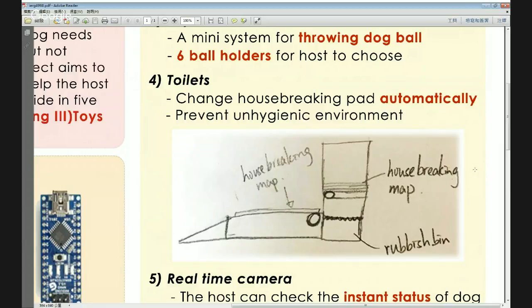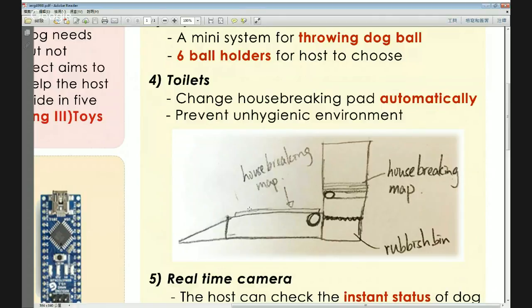The second module contains 2 wheels. The 2 wheels will rotate in clockwise and anti-clockwise directions. The upper wheels pull out a fresh housebreaking pad, which drops to the holder platform. The lower wheel will rotate in order to push the housebreaking pad into the right position on the platform.